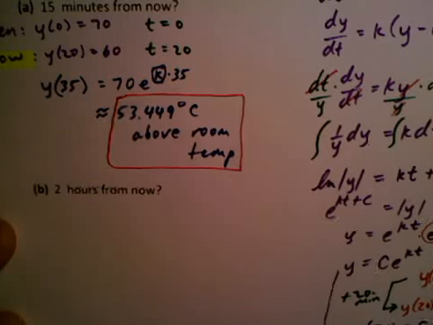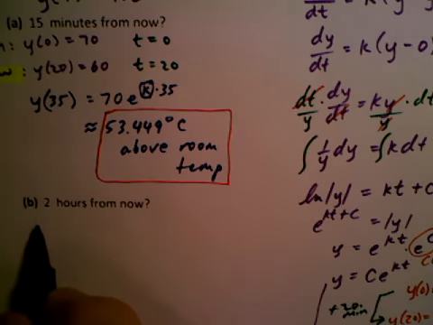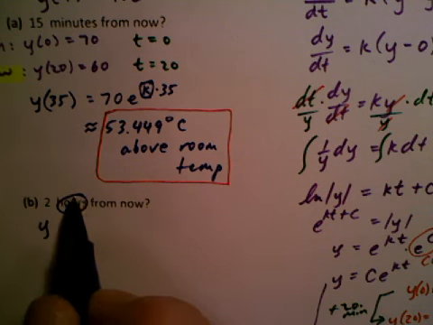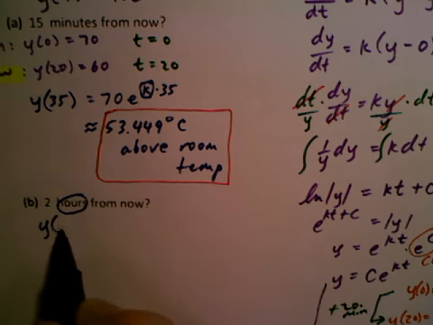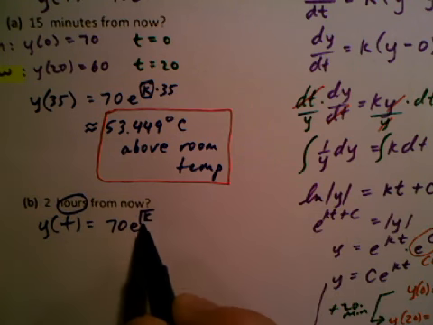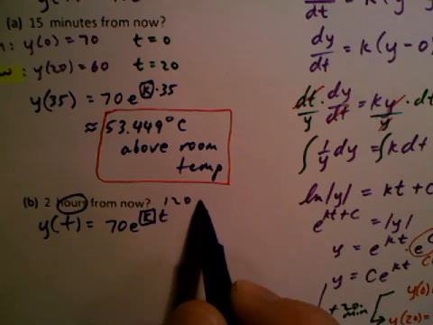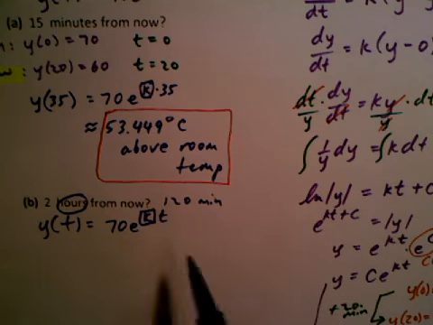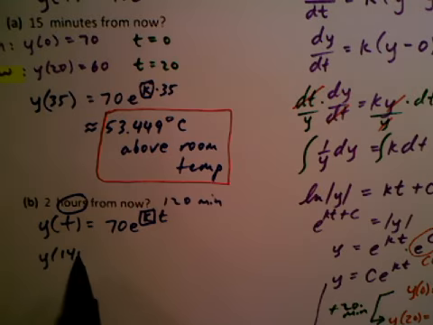Okay, so 2 hours from now, you should have indicated that you wanted to find hours. Now, remember, you got to convert to minutes because our function is in minutes. y of t equals 70 e to the k t, and so 2 hours would be 120 minutes, and again the now is at t equals 20, so we really want to find y of 140.